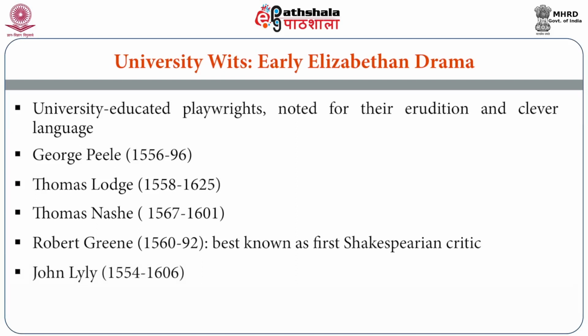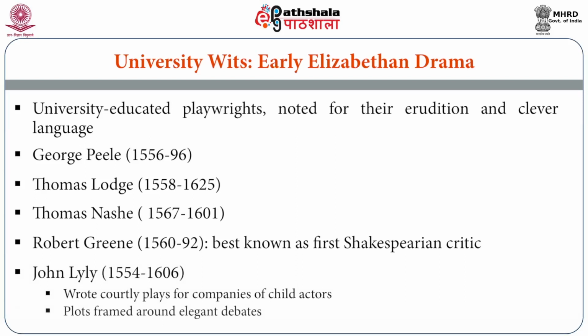John Lilly, 1554 to 1606, wrote courtly plays for companies of child actors. His plots moved around elegant debates, and he is famous for euphuistic language. He wrote some of the immortal plays.